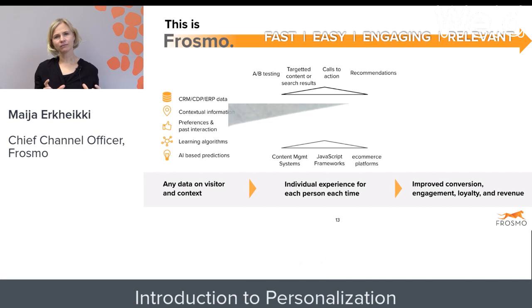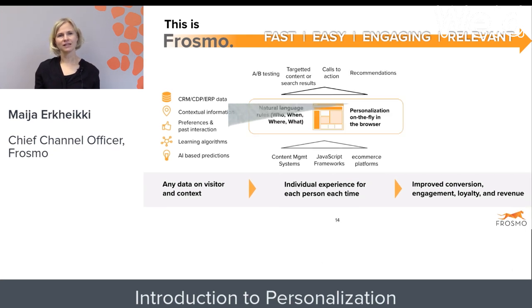So it doesn't replace anything from your tech stack. It's a rule engine that's actually modifying the experience based on these rules of who we're targeting, when we want to target them, where we want to target them, and what is the content we want to serve to them. And this happens on the fly in the browser as the person is browsing on the site.